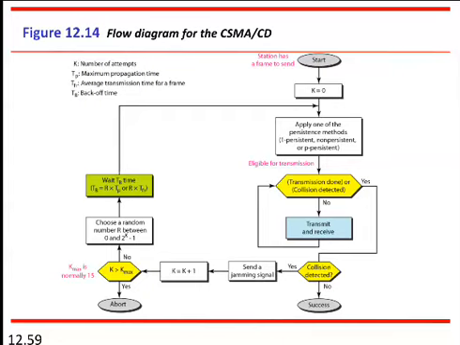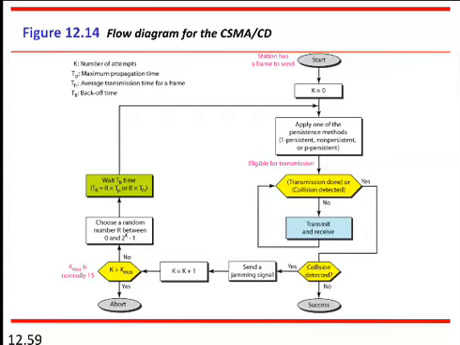So maybe the efficiency is reduced, because during that waiting period, if the channel is idle, that bandwidth will be wasted. In the p-persistent, based on the probability of the outcome, if the probability is less than p, only in that case is the station allowed to transmit. Otherwise, it is made to wait till the back-off time. Now, once it is eligible for transmission, the transmission will be done. If the transmission is fully done and there is no collision detected, then it is a successful transmission.